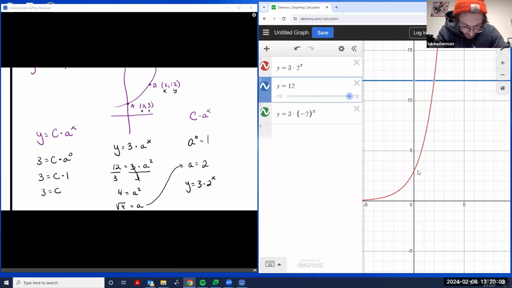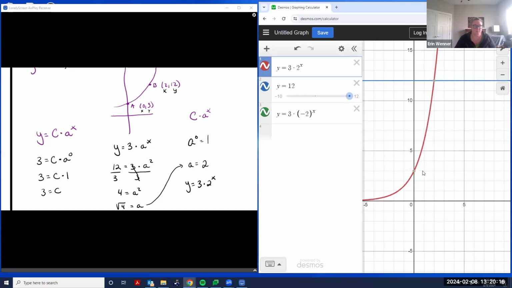So the reason we can't use that base of -2 is because ultimately it's not going to give us those same values if we plug them in, because of that positive negative thing. So that's why we want to limit it to a base being positive. So when we're taking the square root of 4, we're going to limit it to just the positive root.